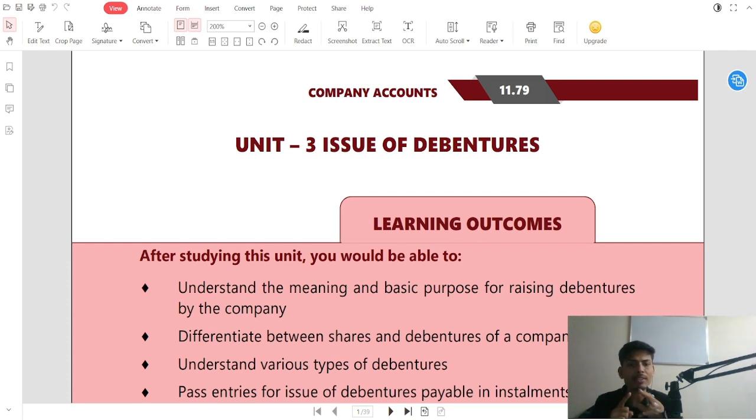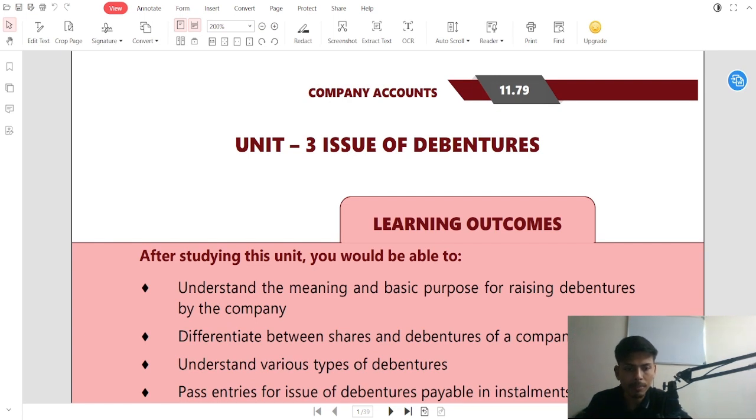Obviously, when the company raises loan capital from the public, the company has to pay interest to the debenture holders because they are your investors. The debenture holder has every right to get interest from the company each and every year. Correct? So it's a loan capital, sir. So the company can also raise capital this way. The company can raise money from the public by issuing a debenture as a debt capital.